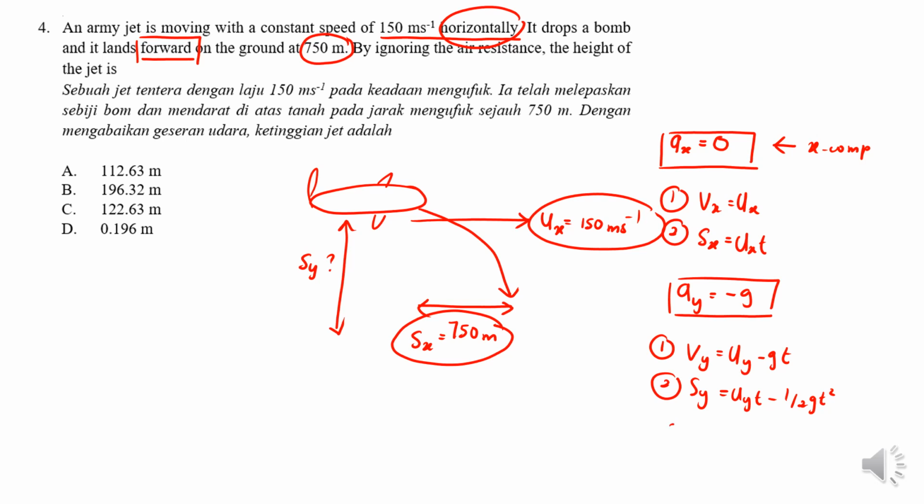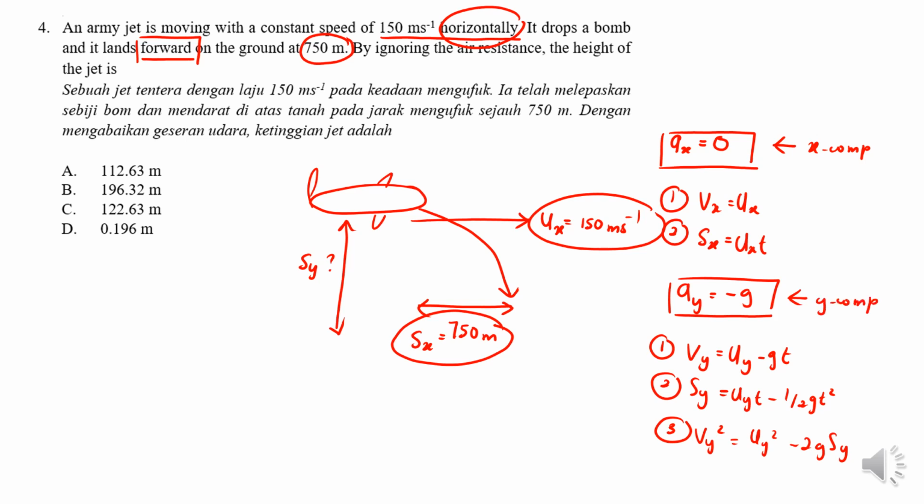And the third one would be vy squared equals uy squared minus 2gsy. So these are the equations that we have for projectile motion.